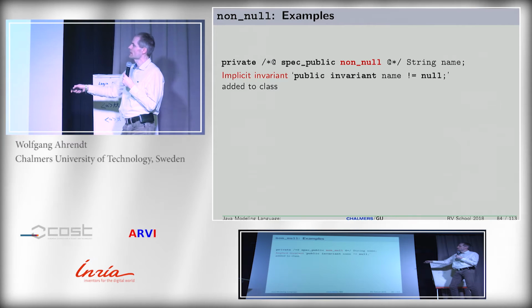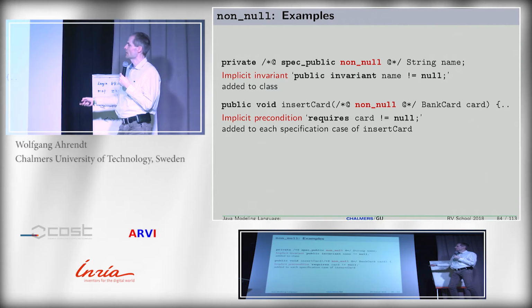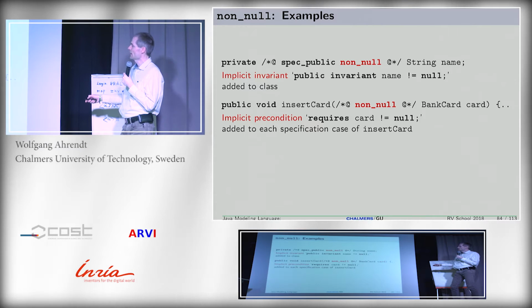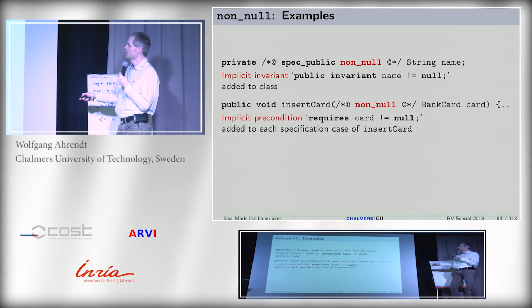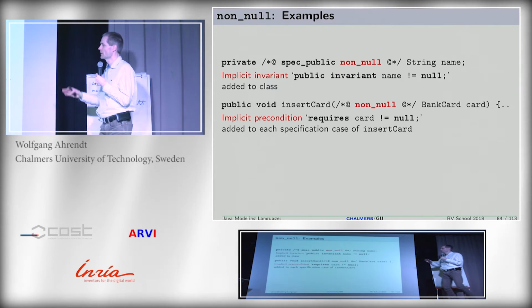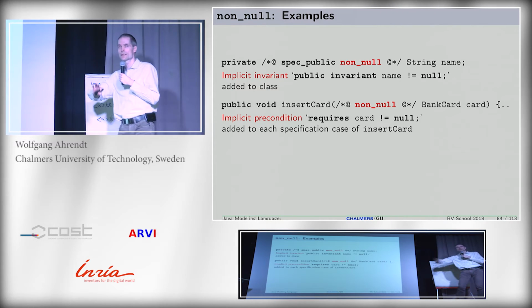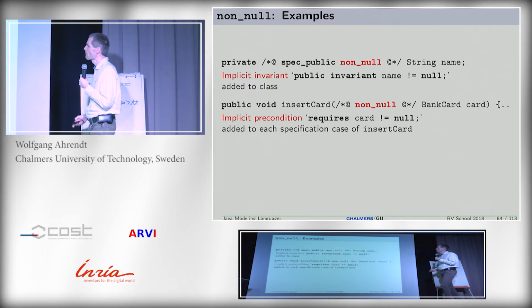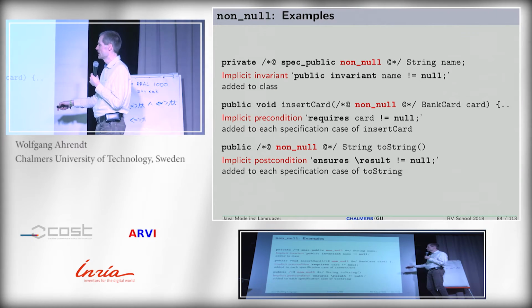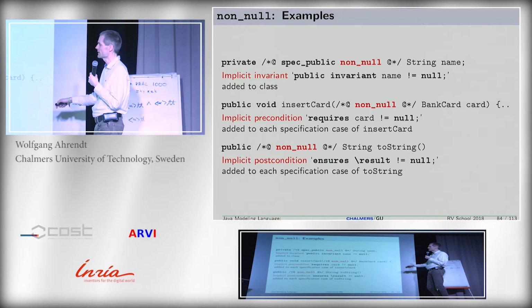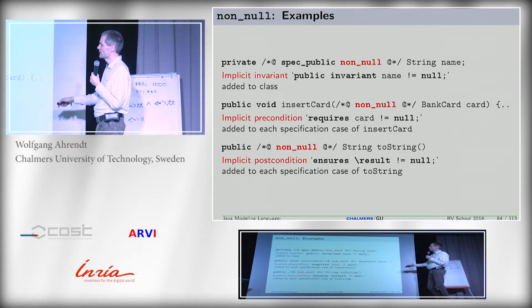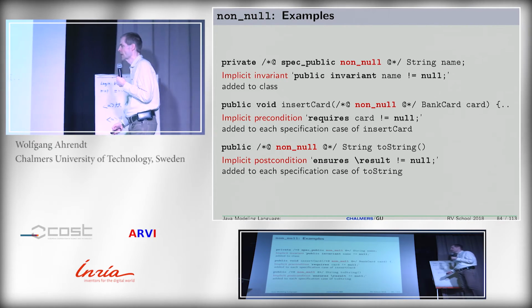So if you write this here, then implicitly you get that. You can say that as a precondition, this is a kind of implicit precondition that this is only called with a non-null thing. So if someone calls me with null, it's a caller's problem, not mine. This is a precondition. Now, this is a postcondition if you want. This says that the return string will not be null.